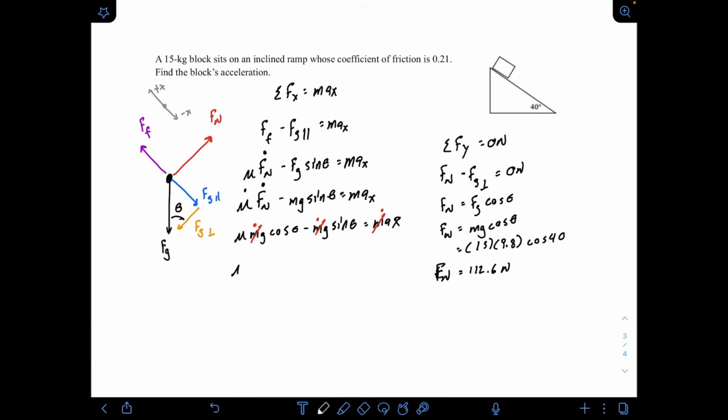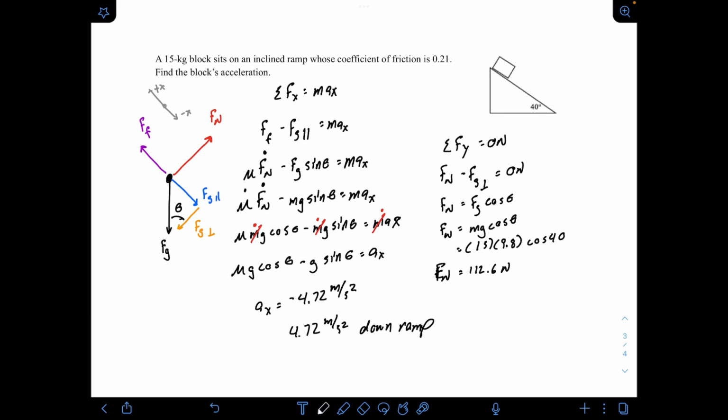And you would get this equation, mu g cosine theta minus g sine theta. And so I kind of automatically know what the acceleration is. Either way, I can plug numbers in or use the math version. We should get an acceleration of negative 4.72 meters per second squared, or 4.72 meters per second squared down the ramp.